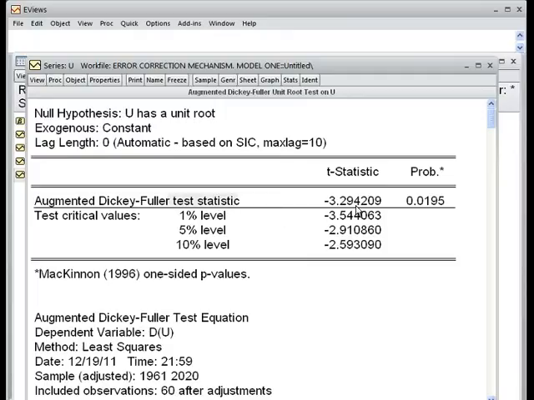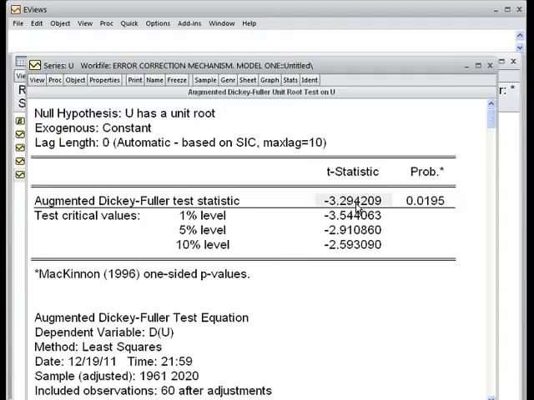And what is our test statistic? The absolute value is 3.29. And what is the critical value? From Engle-Granger, it is 3.04 at 10%. So the test statistic is greater than the Engle-Granger critical value.